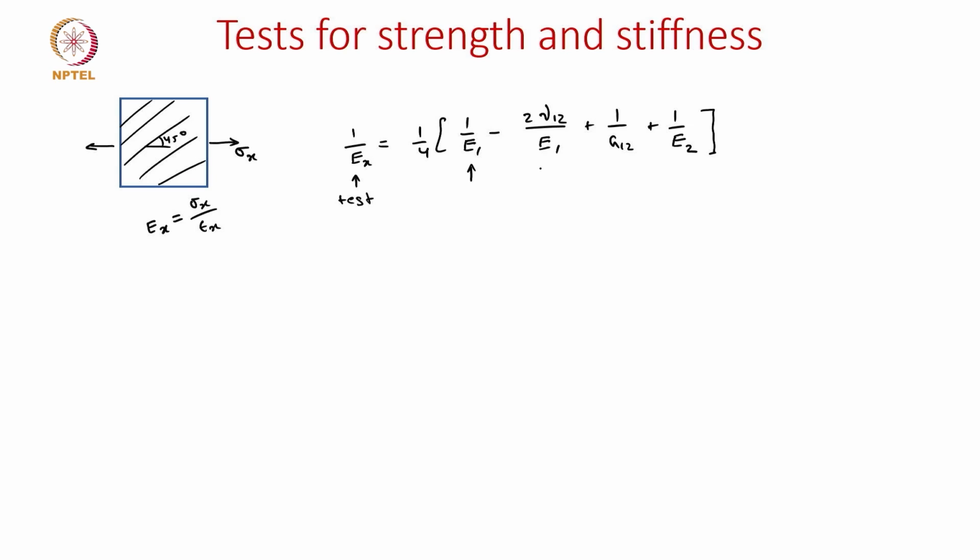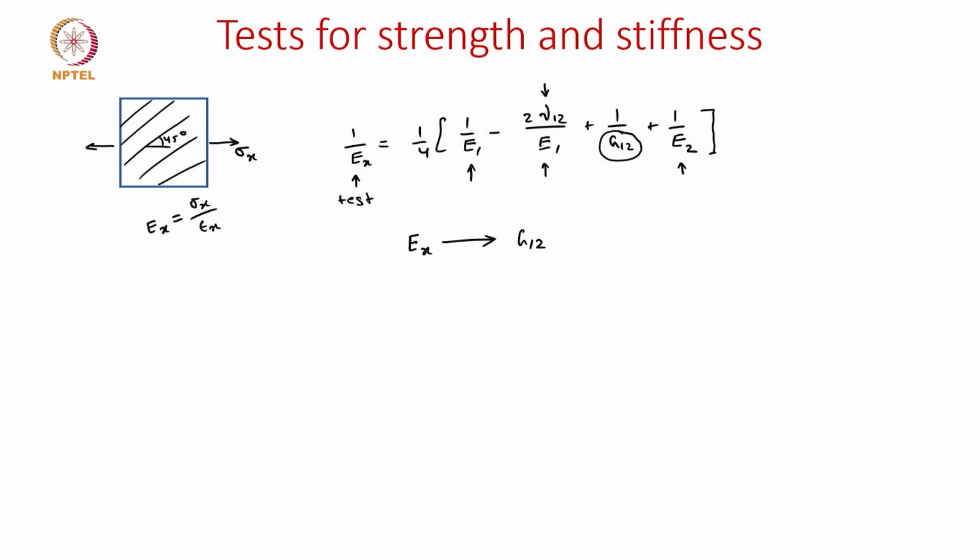We were already able to find out these values of E1 and E2 as well as the Poisson ratio. So the only unknown quantity in this equation is G12. So first from the experiment we find Ex, and using this relation we can estimate the corresponding shear stress at failure.